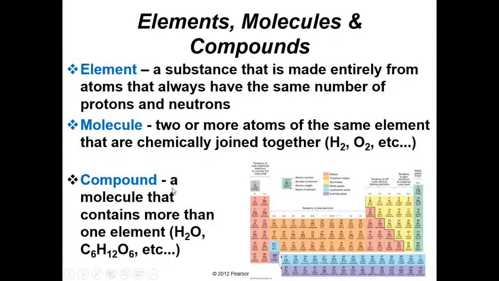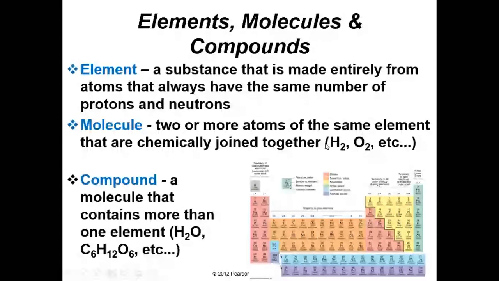So a compound is a molecule that contains more than one element. Let's use water as an example, H2O. Even better, hydrogen peroxide, H2O2. What you have chemically combined is two atoms of hydrogen that are already bonded together, bonded with two atoms of oxygen that are already bonded together.